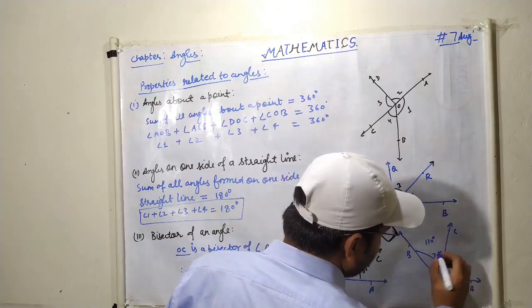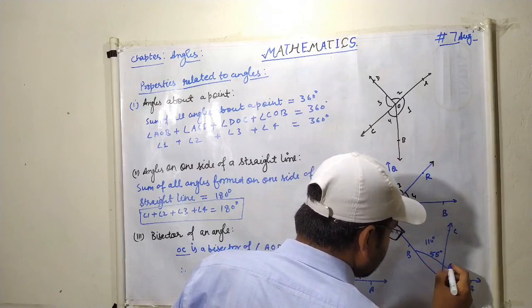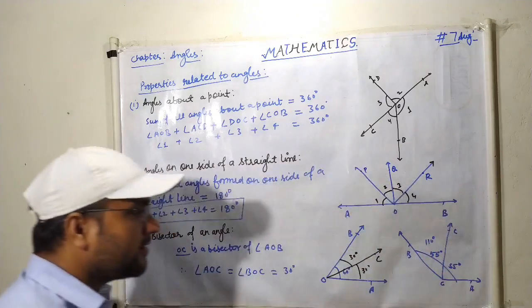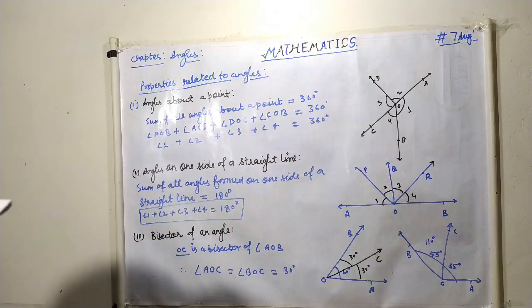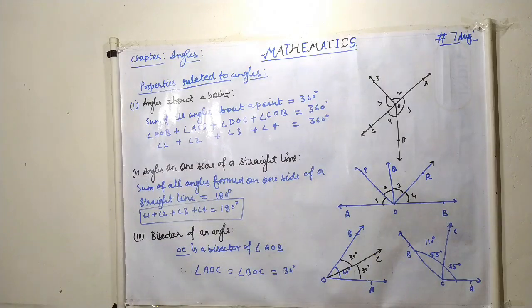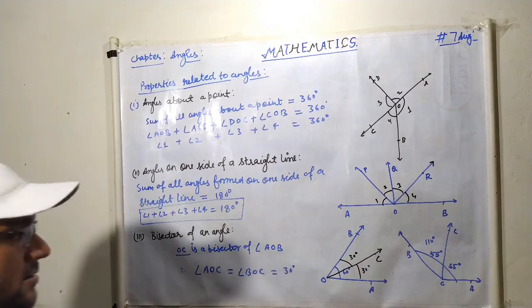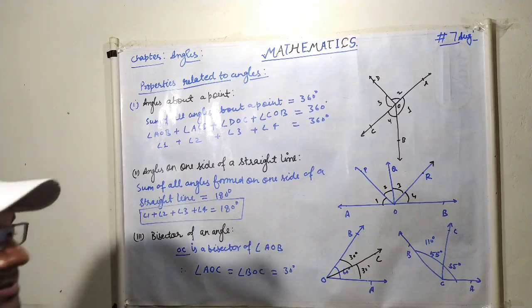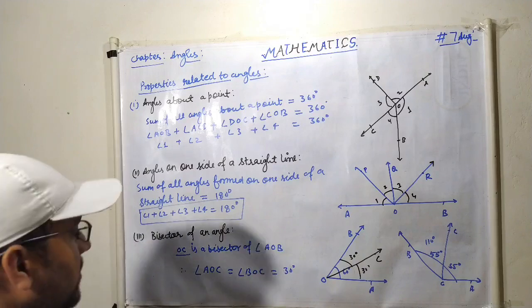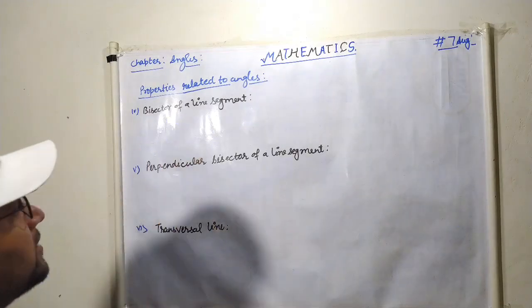This is 55 and this one is 55 degrees. So in this case OC is also a bisector of angle AOB. Anything which divides an angle into two equal parts is known as a bisector of the angle. Okay, very easy.